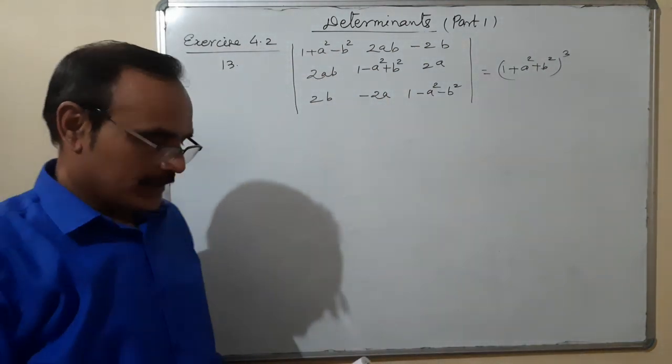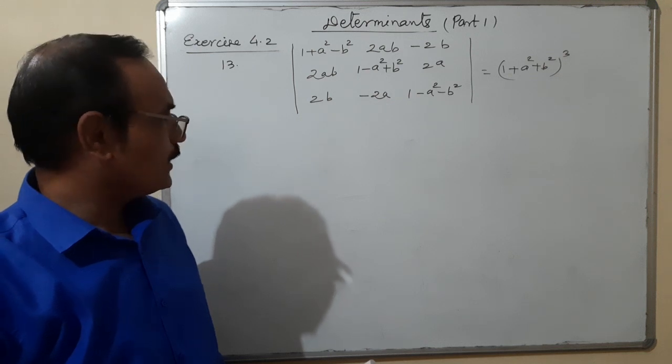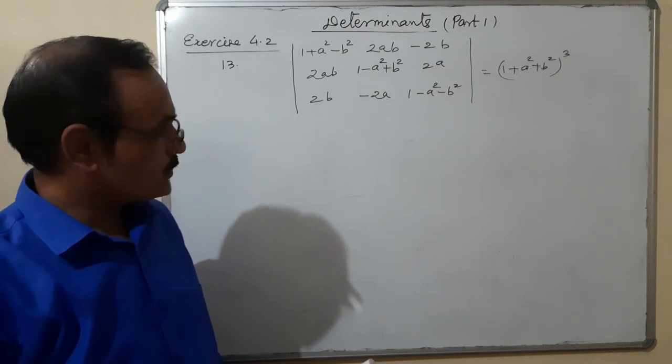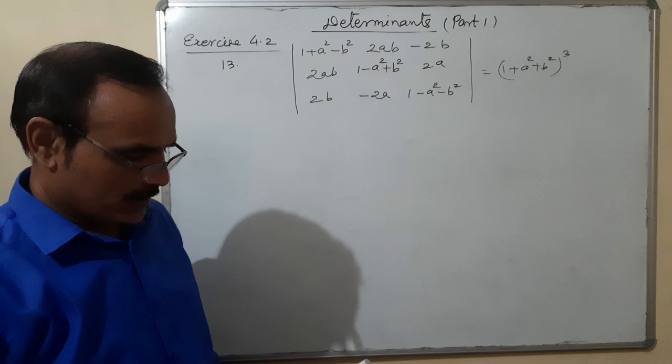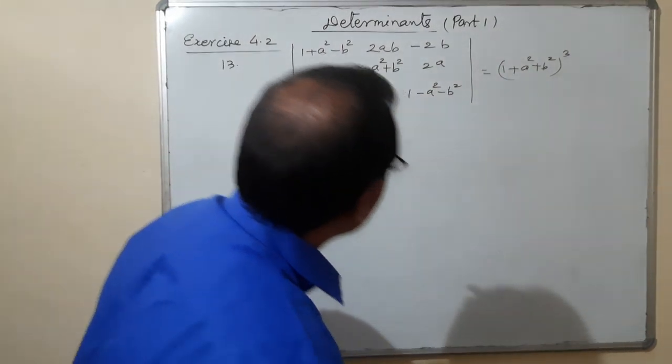Okay. Let us check once again. 1 plus a square minus b square, 2ab, minus 2b; 2ab, 1 minus a square plus b square, 2a; 2b, minus 2a, 1 minus a square minus b square. Okay.